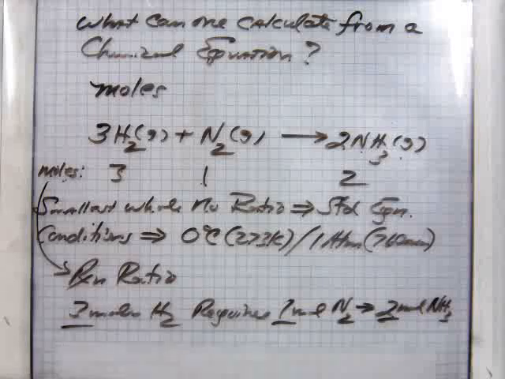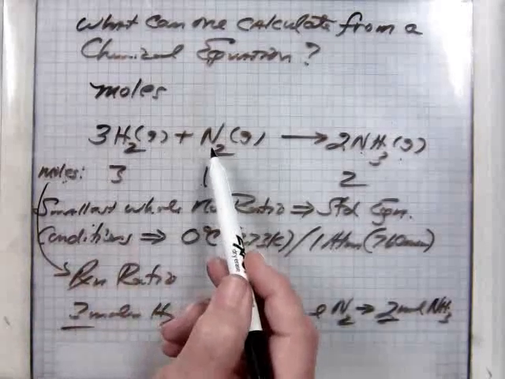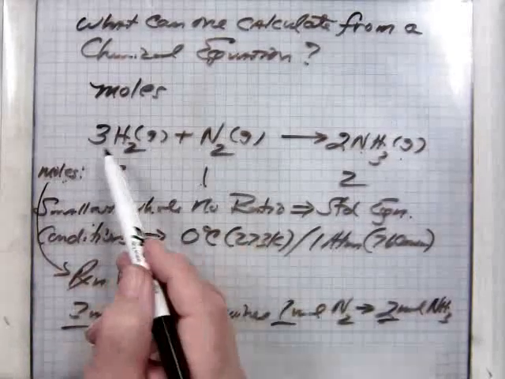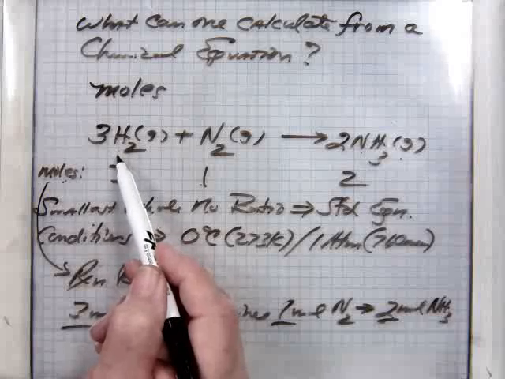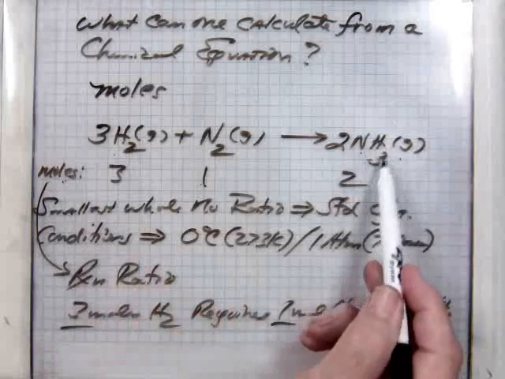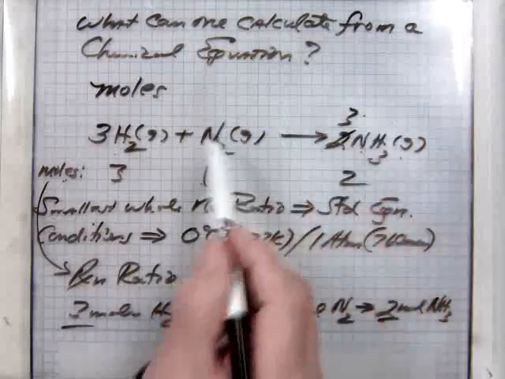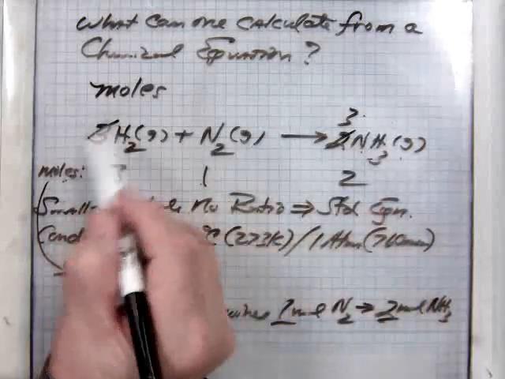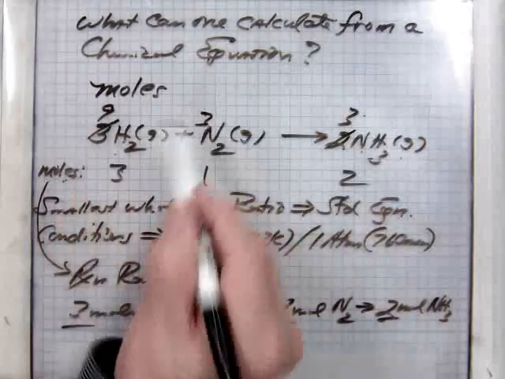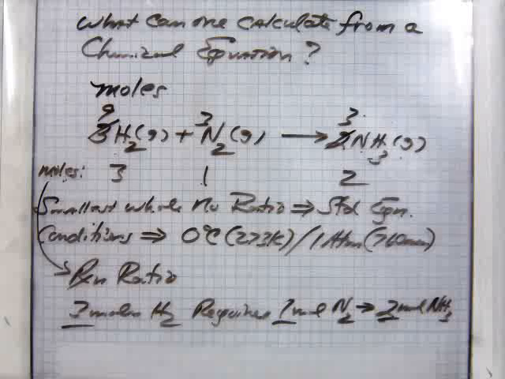Now, if I double the hydrogen, that means I must double the amount of nitrogen if I'm going to use all of the hydrogen. If I triple the ammonia, then I'm going to have to triple these two over here also. Now that's no longer a standard equation because the coefficients are not in whole number ratios, but it's valid.